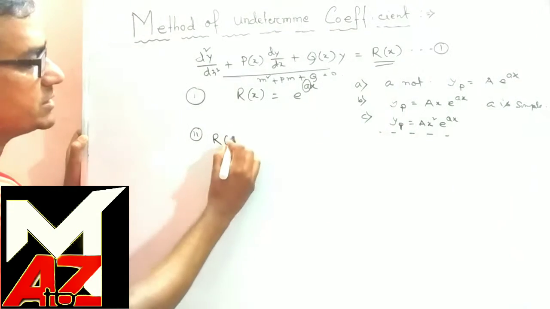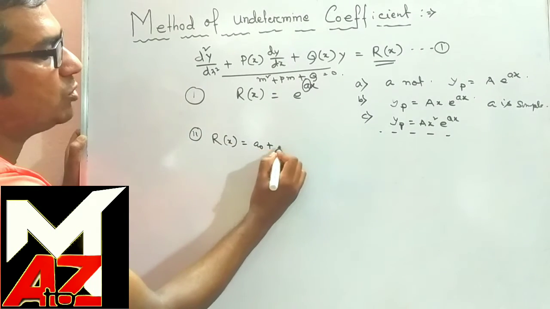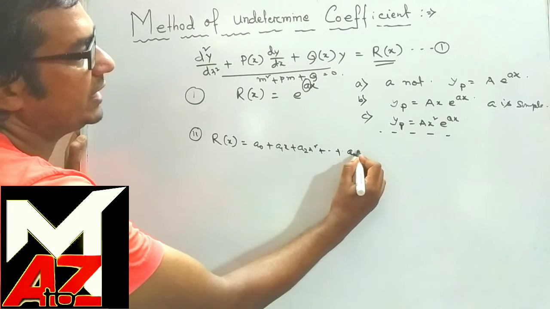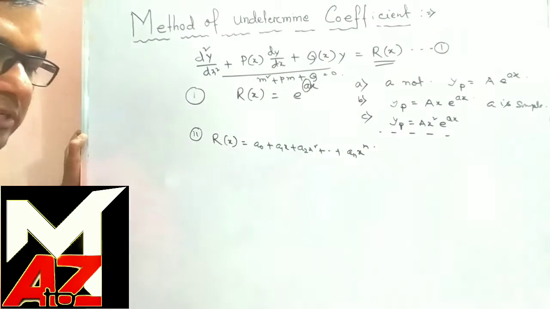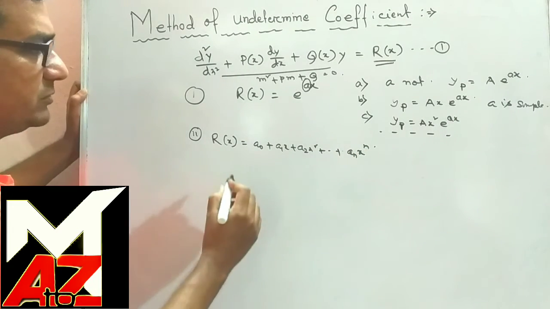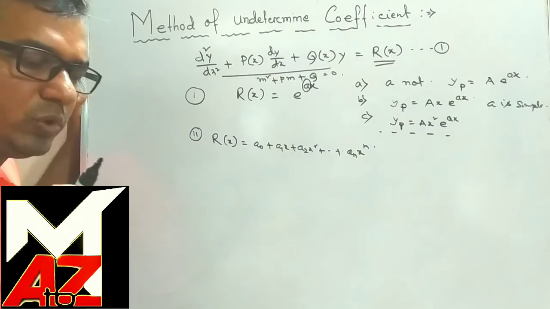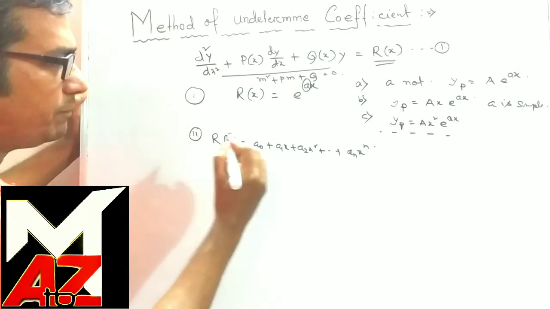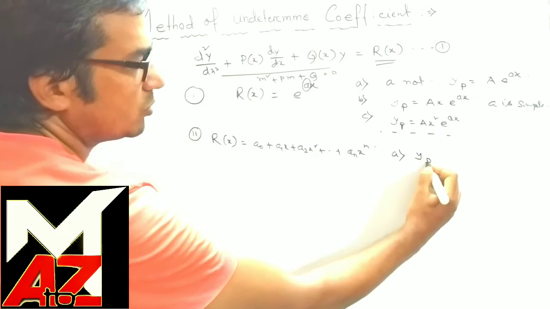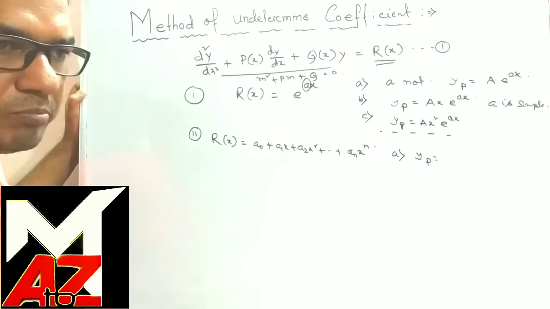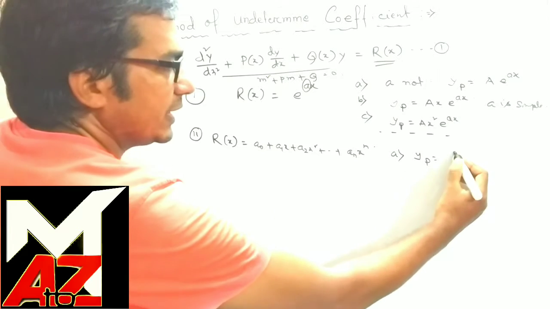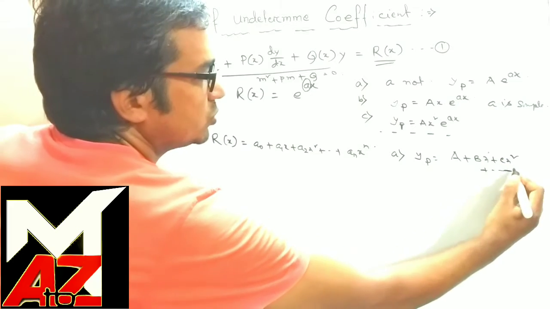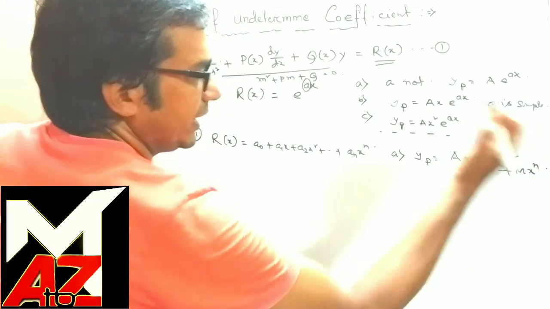If r of x is of the form a0 plus a1x plus a2x square plus up to an x to the power n, then we take the particular solution yp of the form a plus bx plus cx square plus up to mx to the power n.